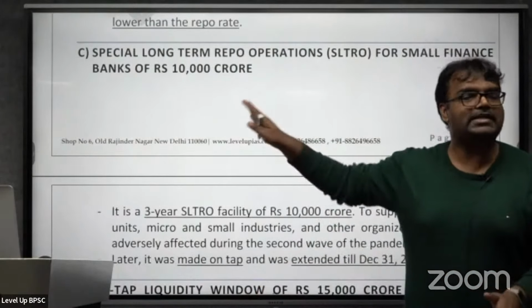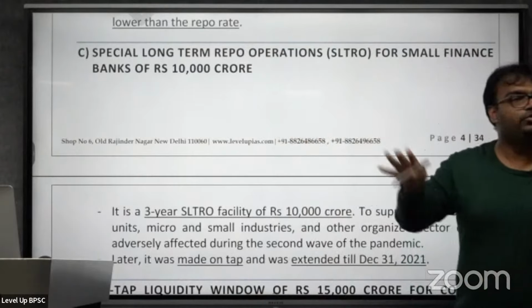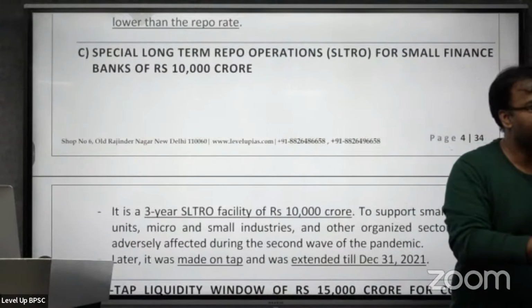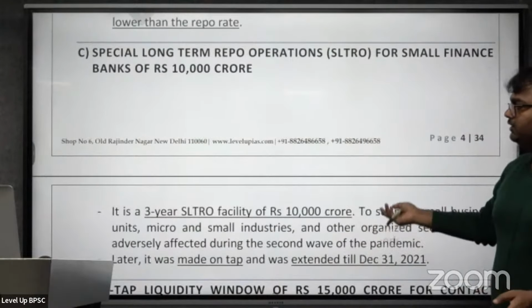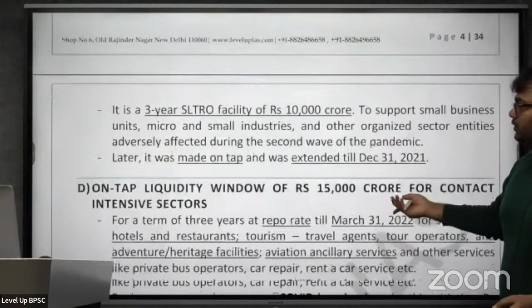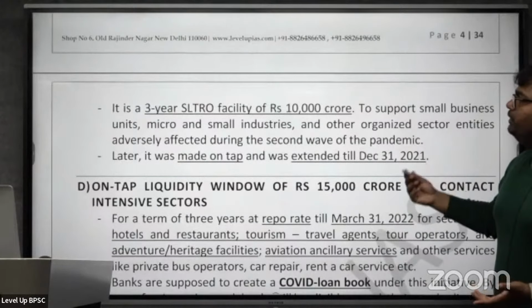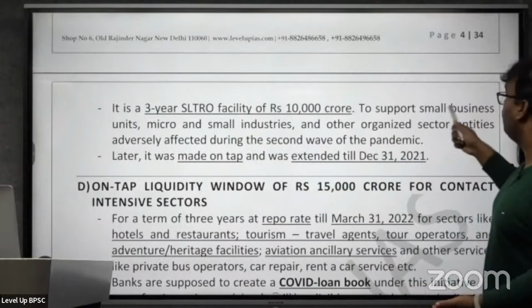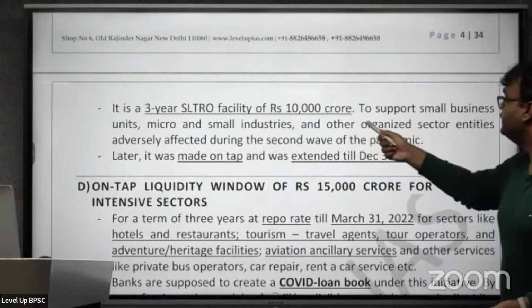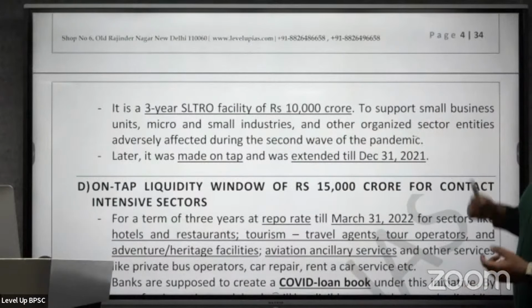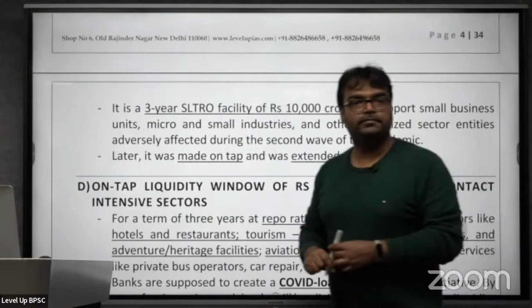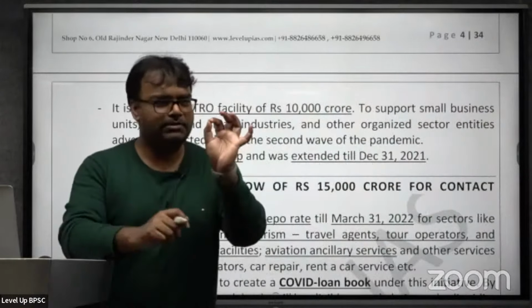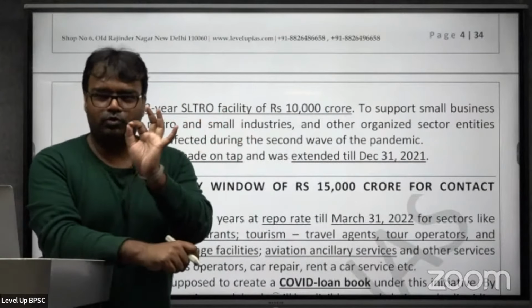This SLTRO was announced in 2021-22, in this financial year, for small financial banks, so that more money would go to small businesses, micro and small industries, and other organized sector entities. So it is a 3-year SLTRO facility. Fine. Did you understand this? Any doubts?